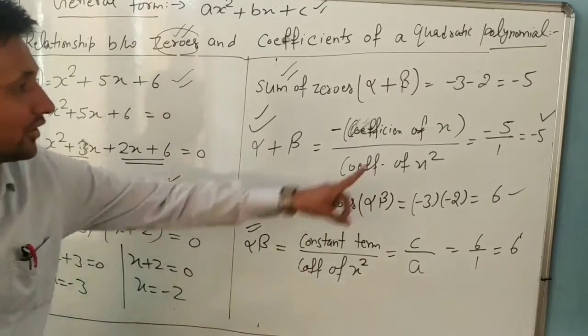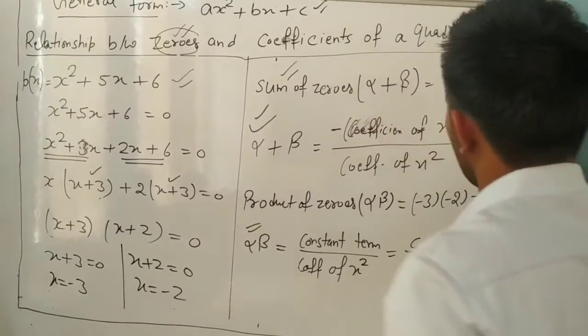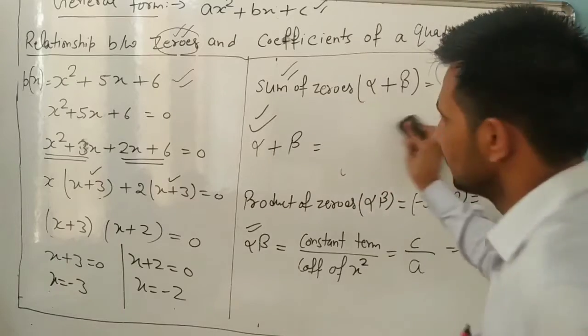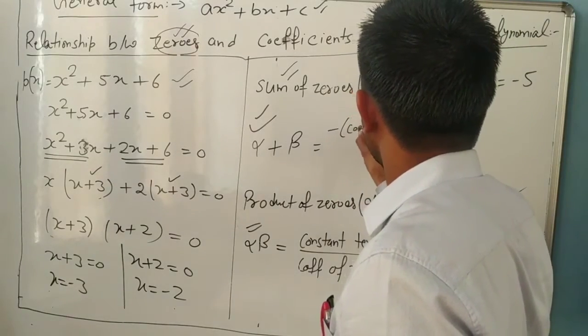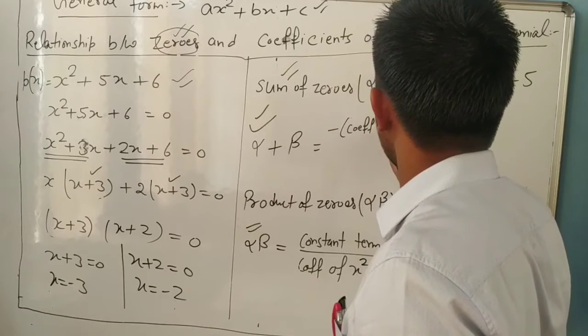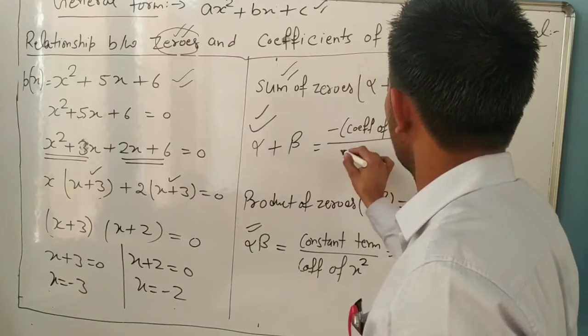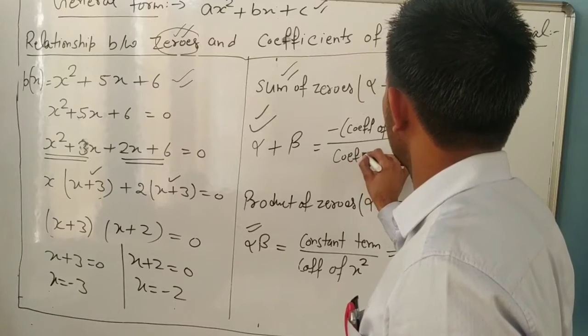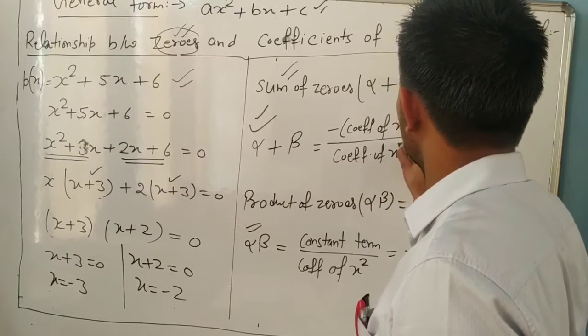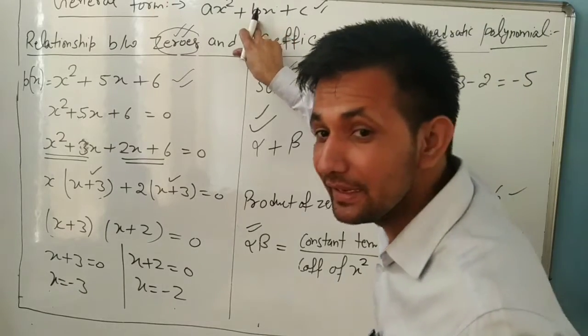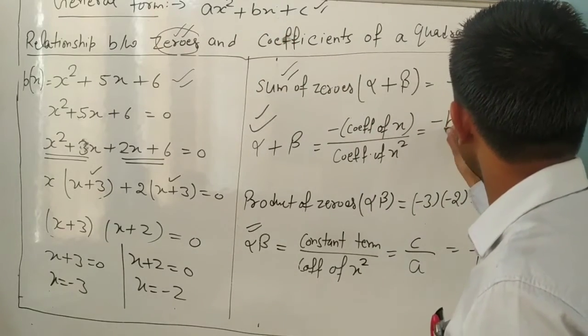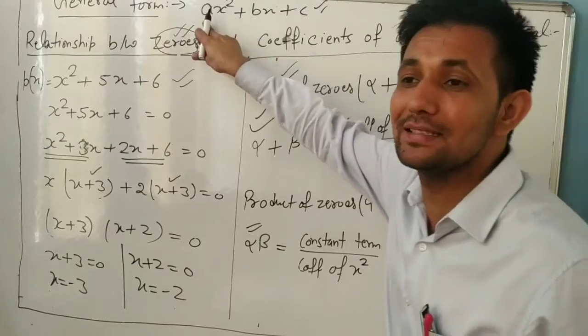So this one you can write if you want to write. You can write minus coefficient of x divided by coefficient of x square. What is the coefficient of x? b. Minus b, and the coefficient of x square is always a in the general form.